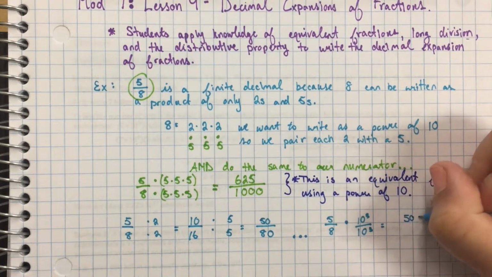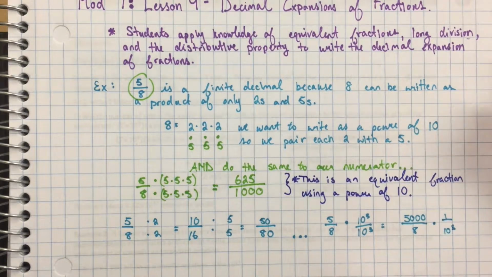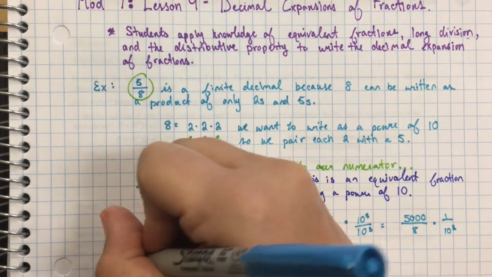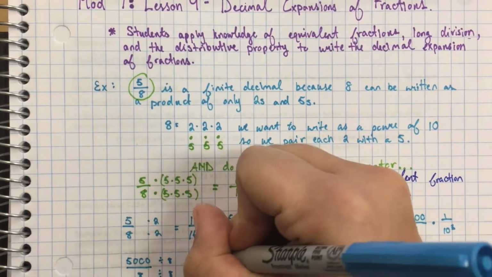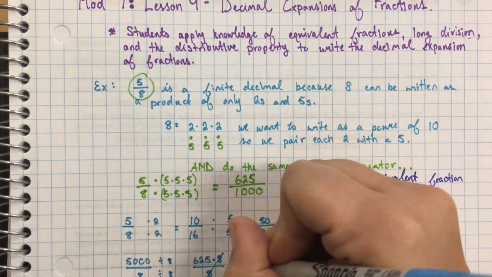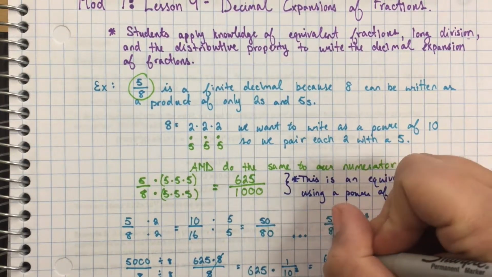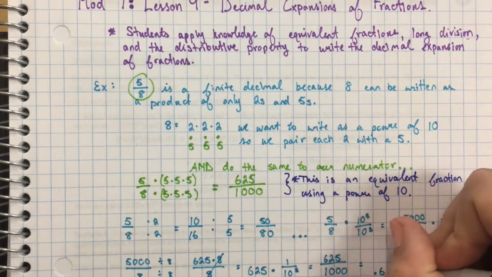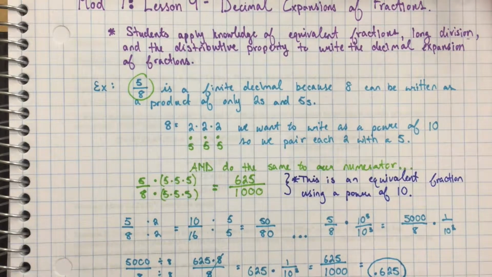So let's show that. 5,000/8 times 1/10 to the third is the same as 5,000/8 divided by a common factor of 8 gives me 625 times 1/10 to the third, which is 625 over 1,000, equals 0.625.